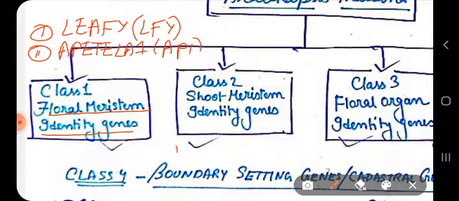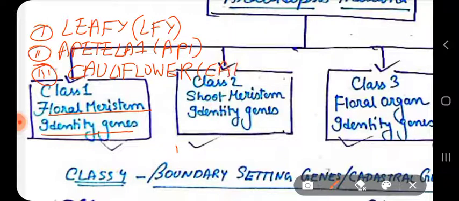And the third floral meristem identity gene is cauliflower, C-A-U-L-I-F-L-O-W-E-R. In short we write it as CAL, C-A-L. So these are the examples of class 1 floral meristem identity genes.